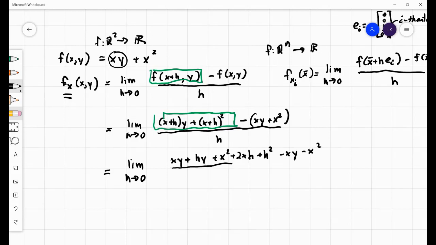And if you're doing things correctly, you're going to get cancellation so that you only have terms that have an h in them. So let's see. x times y minus x times y, x squared minus x squared. And indeed, we only have terms that have an h in them. So that's convenient because then when you divide by h, we have a cancellation.